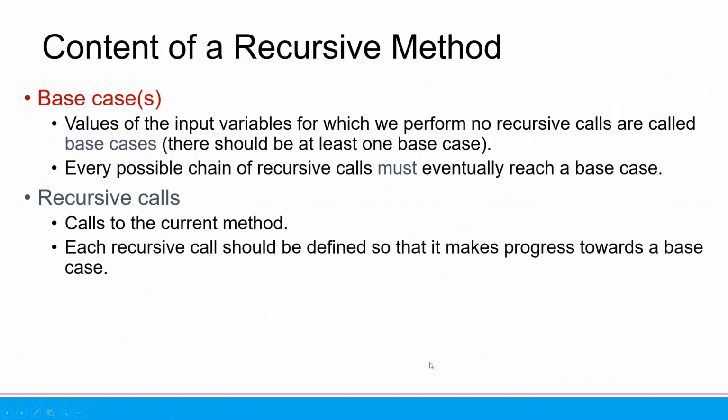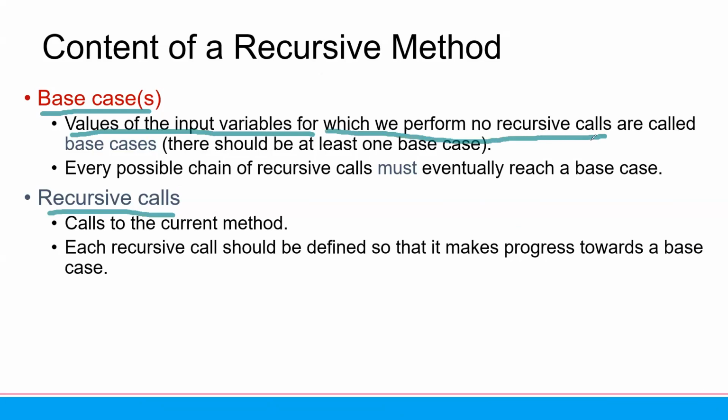As I mentioned before, in the recursive method or recursion, some literature calls it recursive, there are 2 things that you need to understand. The first is the base case, and the other is the recursive calls. The base case means the values of the input variable for which we perform no recursive calls.